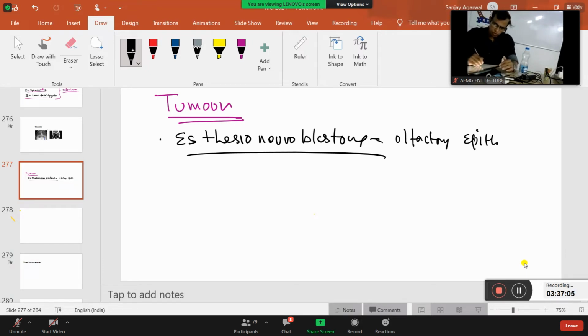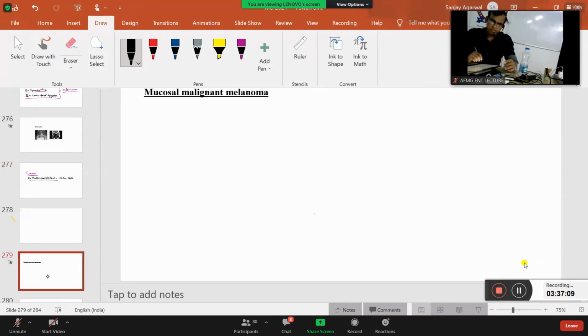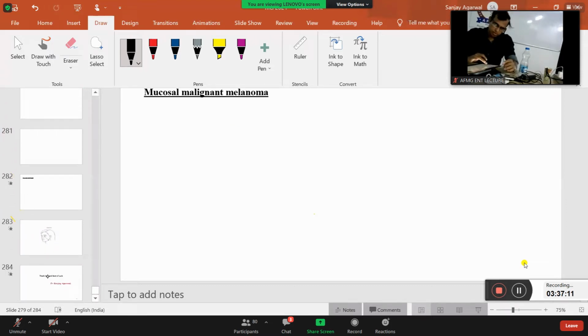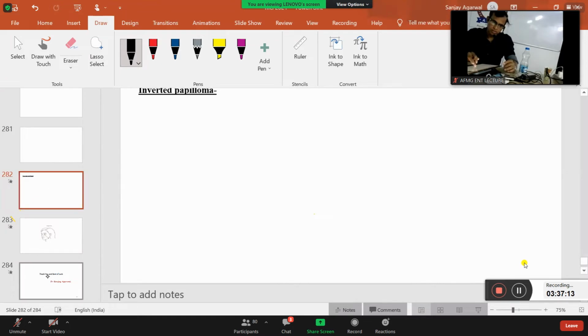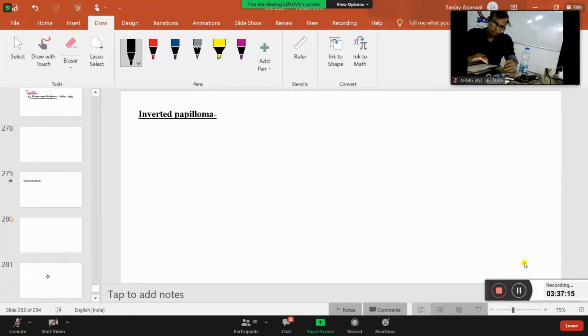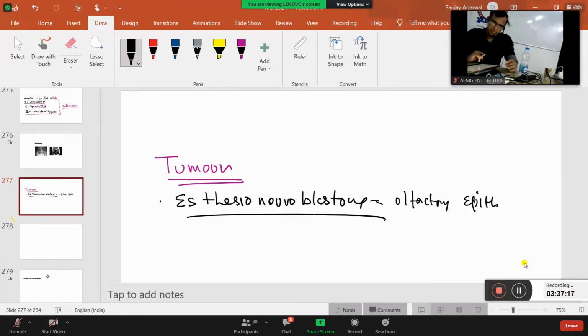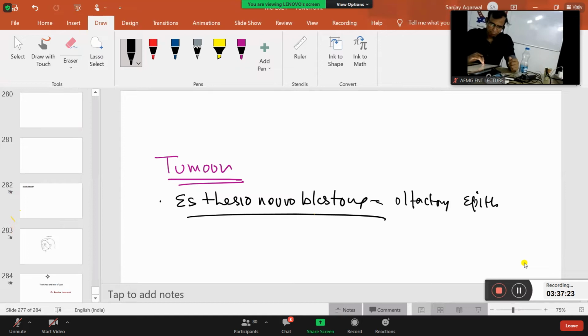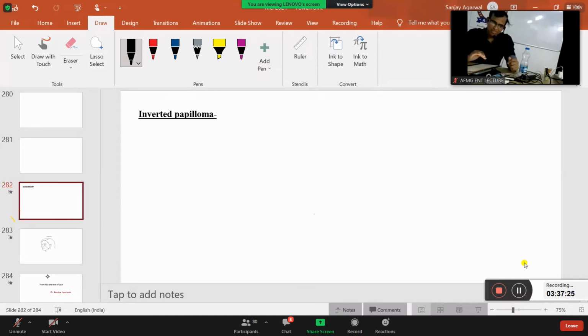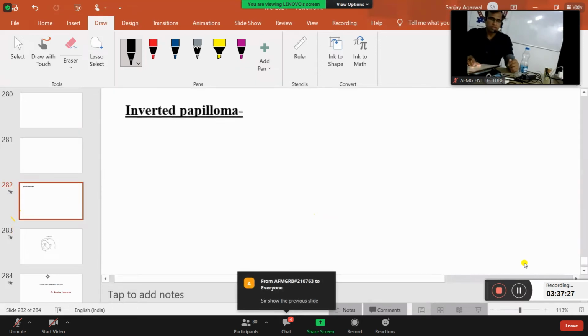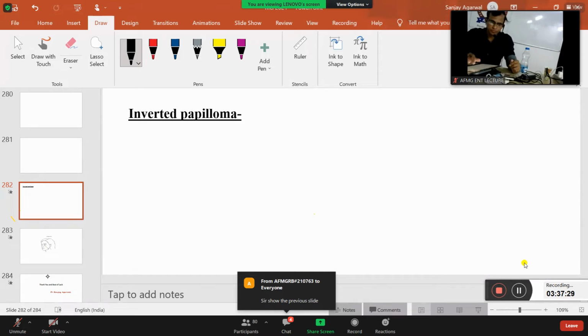The most important tumor of the nose that they ask you is not this. This is the most important tumor of the nose that they ask you.